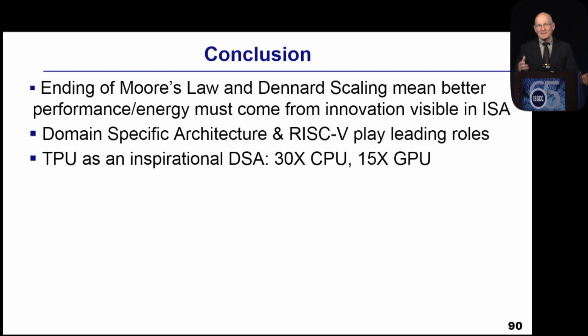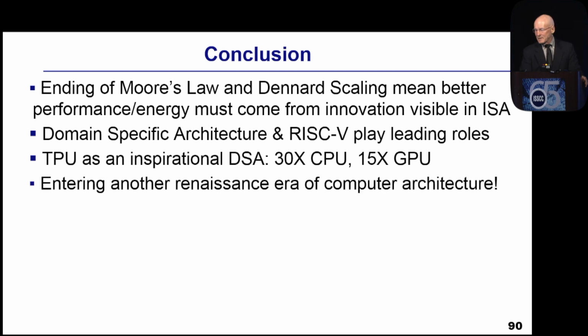And to put the TPU in perspective, these factors of 30 to 15 better are amazing for commercial products. You can think of Intel dominating the server market because its microprocessor may be 1.5 times better than AMD's, and they dominate the market. Right? These are factors that you don't usually see between commercial products. So it indicates why people are excited about domain-specific architectures.